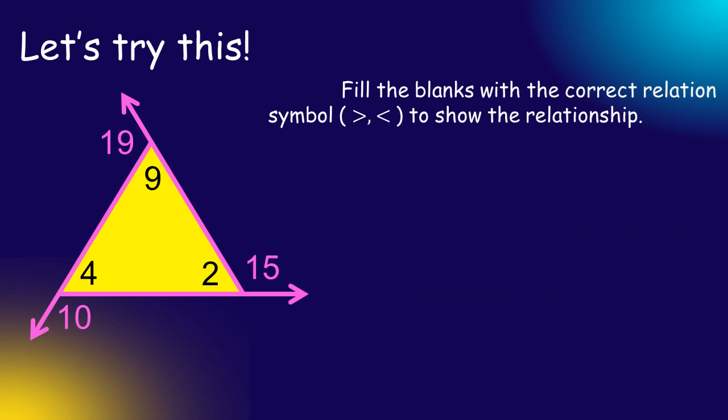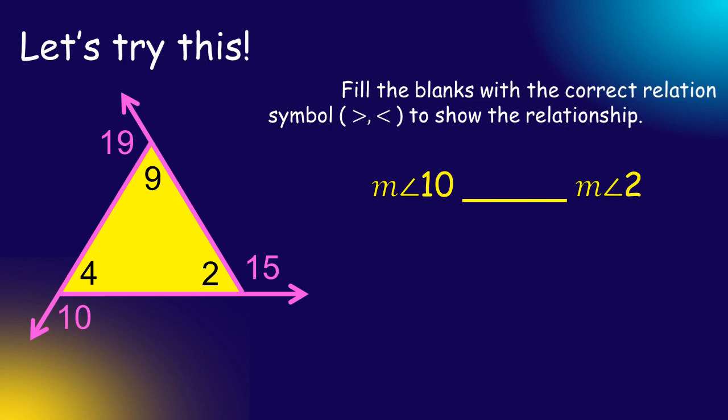This time, fill in the blanks with the correct relation symbol to show the relation. Okay, we can use greater than or less than based on the concept that we have learned a while ago. Let's compare the measure of angle 10 and the measure of angle 2. Look at those angles in the given figure.